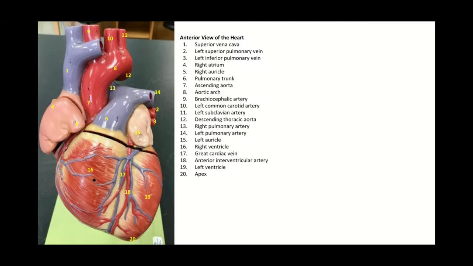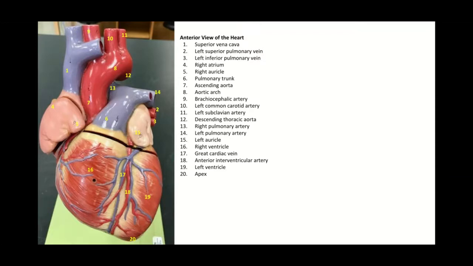The blue color means that it carries deoxygenated blood, and this is the only artery in our body which carries deoxygenated blood. The pulmonary trunk brings the deoxygenated blood to our lung to exchange oxygen and carbon dioxide, and then the oxygenated blood comes back to our heart.